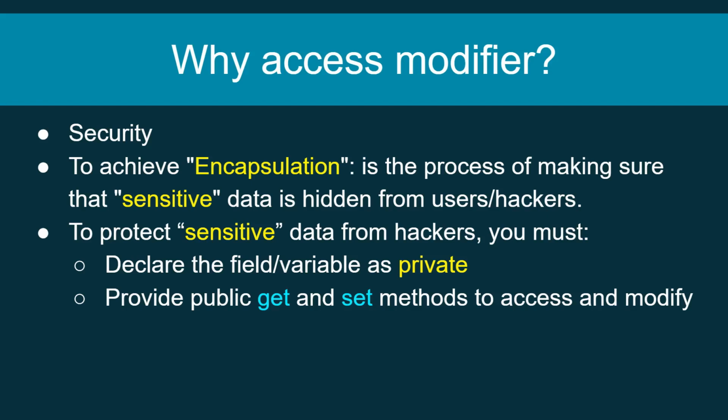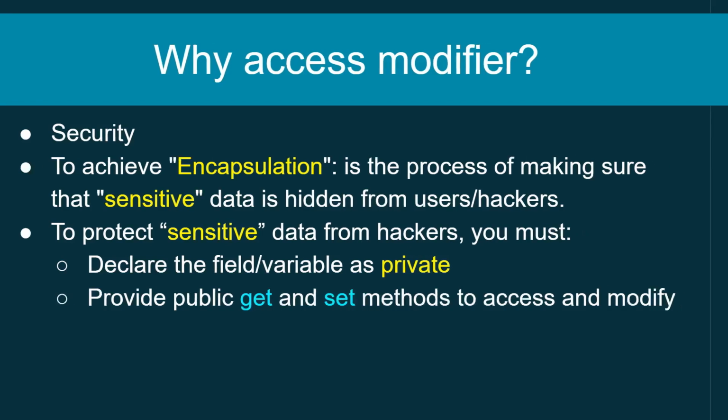To protect sensitive data from users or hackers, you must declare that data as private. If you want to have access to that or modify that data, you can use built-in functionalities or methods, the get or set, or you can create your own custom methods, as I showed you in the previous slide.